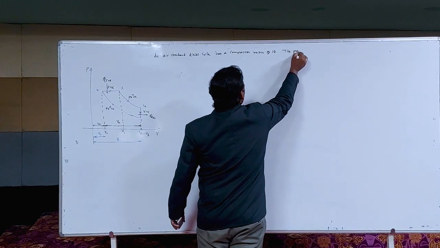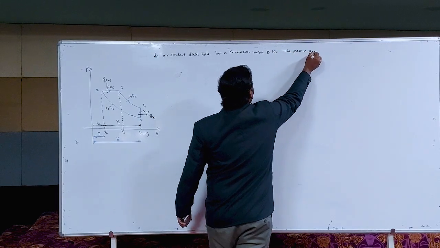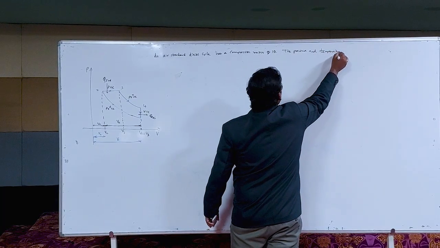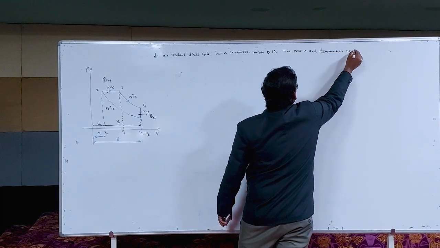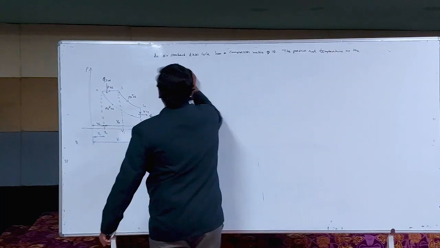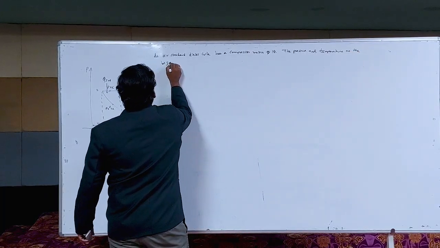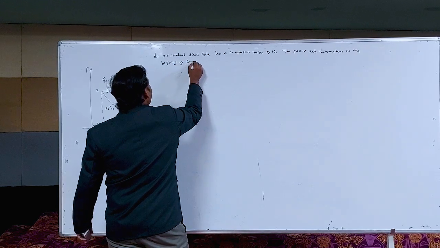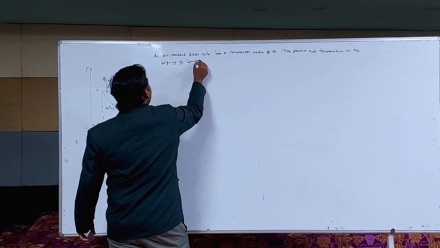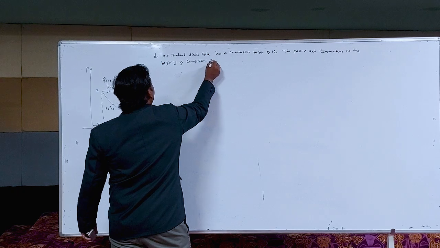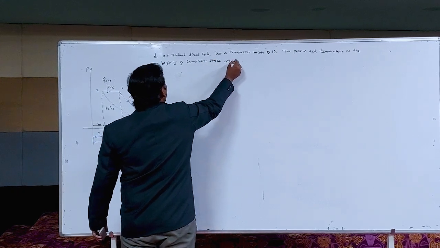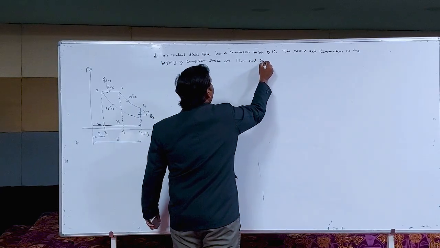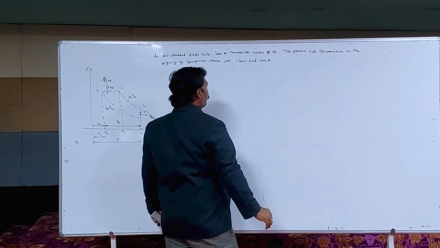The pressure and temperature at the beginning of compression stroke are 1 bar and 300 Kelvin.